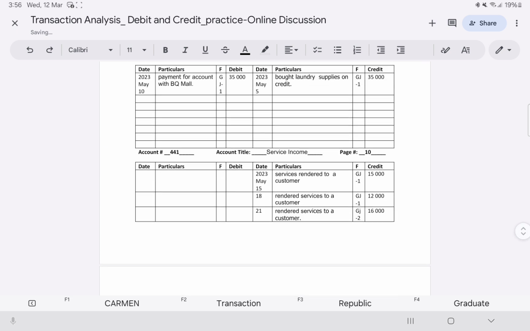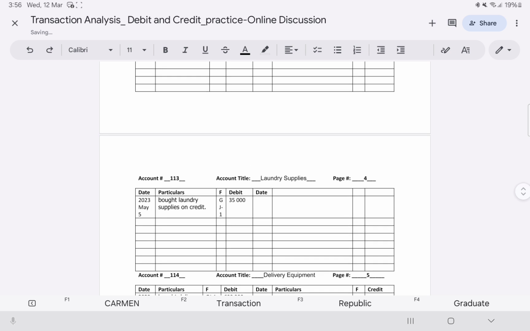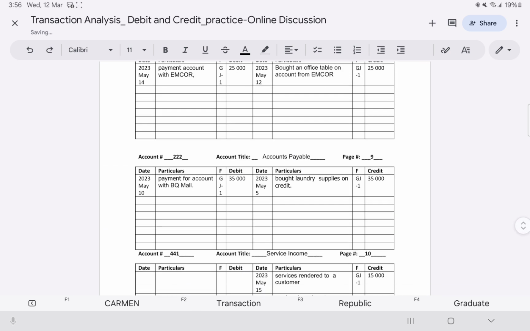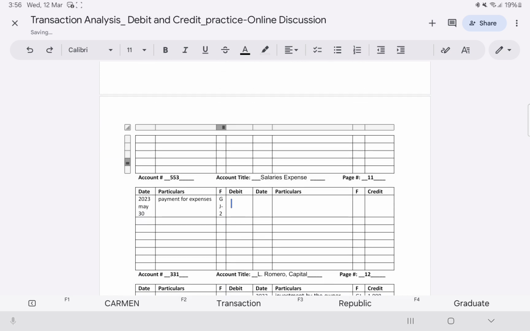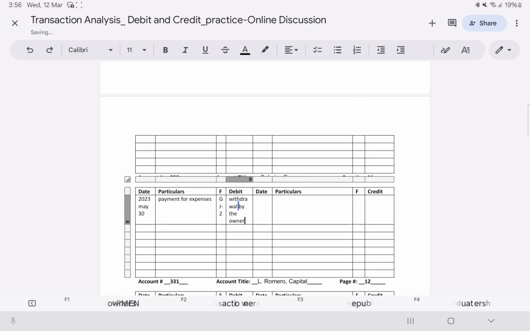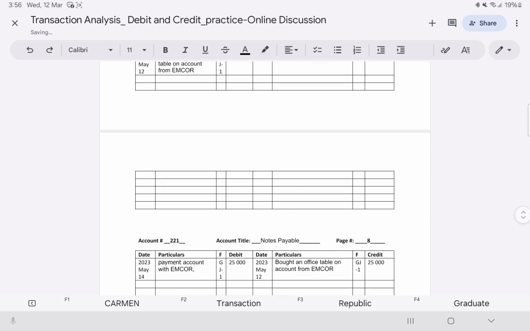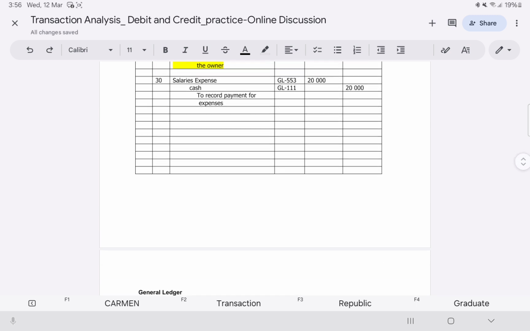Where's the salaries? Okay, I think logging. Salaries expense is how much? 20,000.